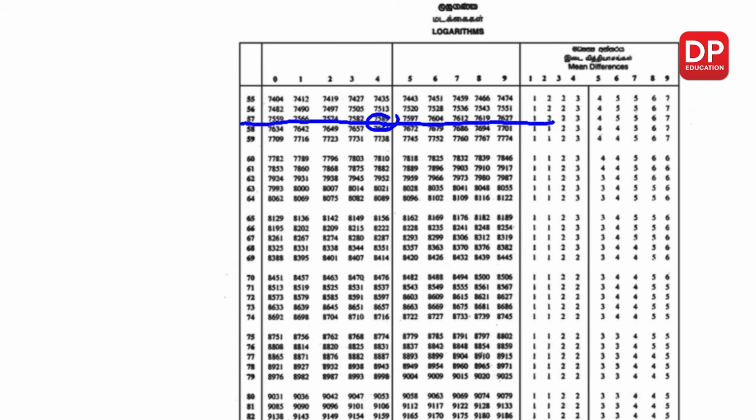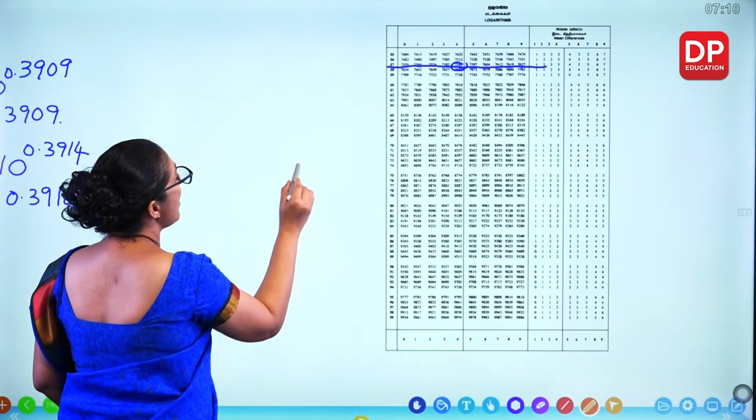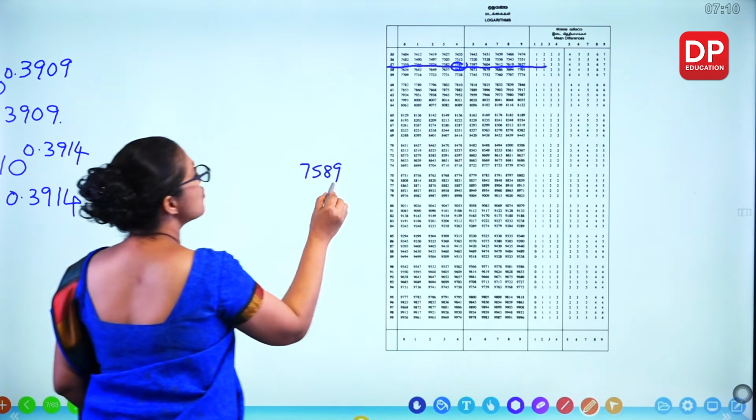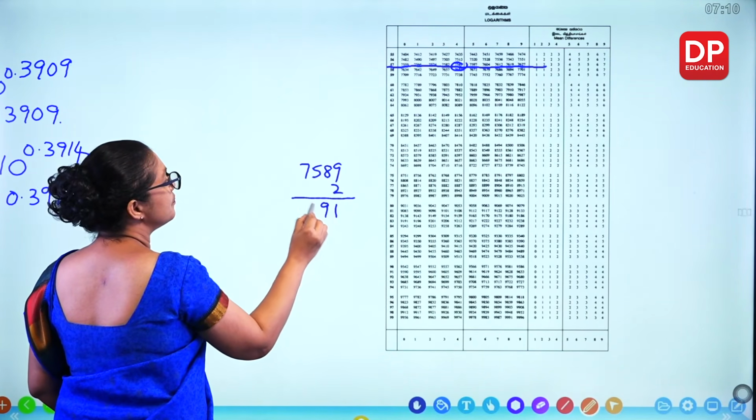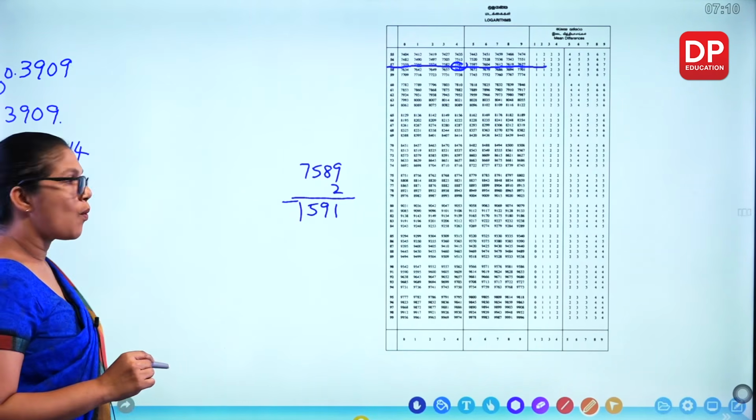So 7, 5, 8, 9 and add 2 to that. 7, 5, 9, 1.